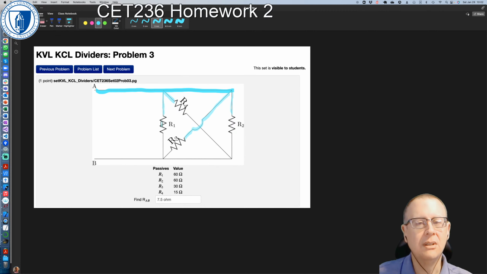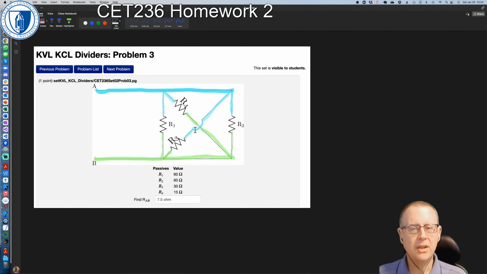So this is one node, and then the other node, funnily enough, starts down at B, and goes up here and here. Okay, so there are only 2 nodes in this circuit, A node and B node.